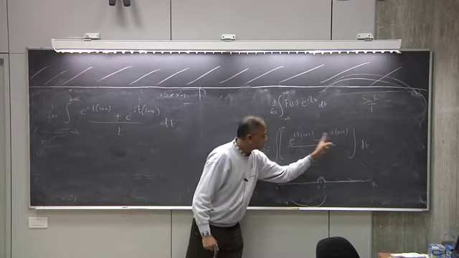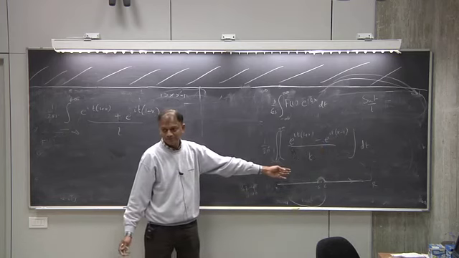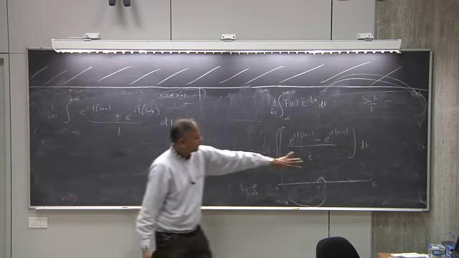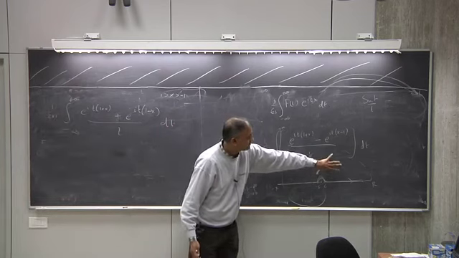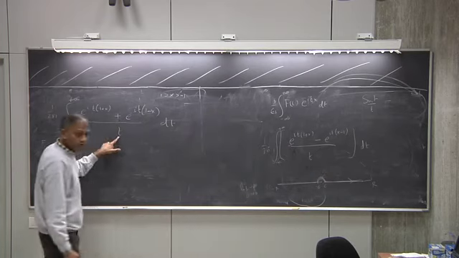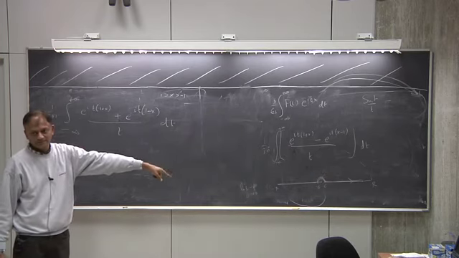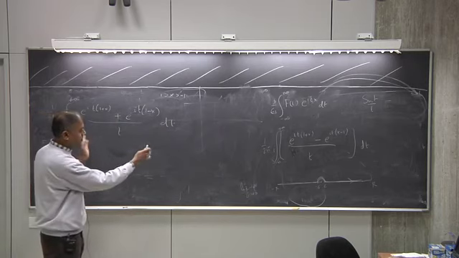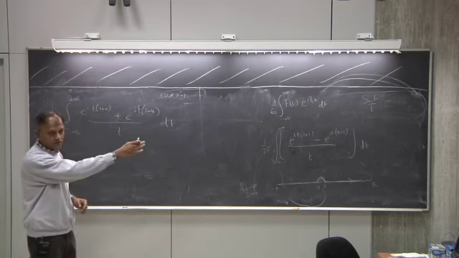The integral of this whole thing, of course, is 0 because it has no pole. If you look at this integrand, inside this half disk, there is no pole. The only pole is at t equal to 0, but t equal to 0 is not included there. So therefore, the total answer is 0 if you integrate over the full contour.